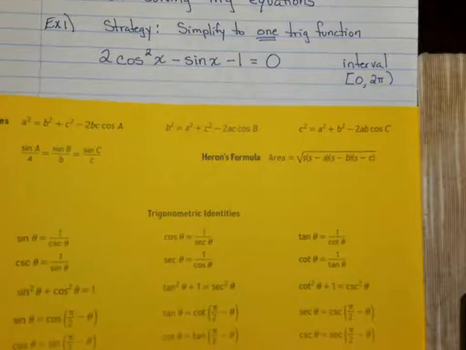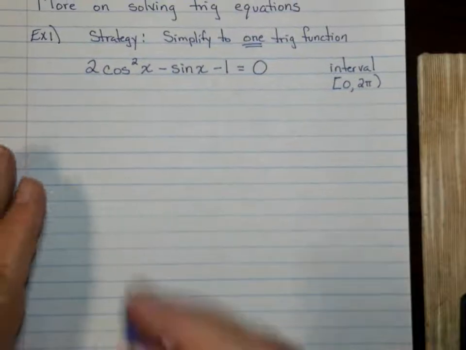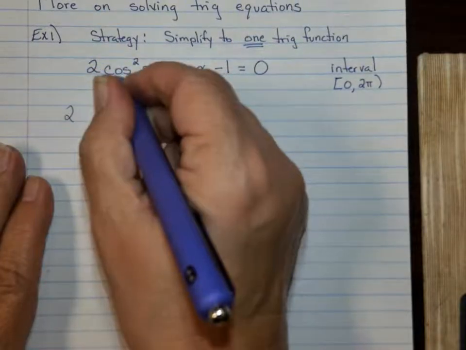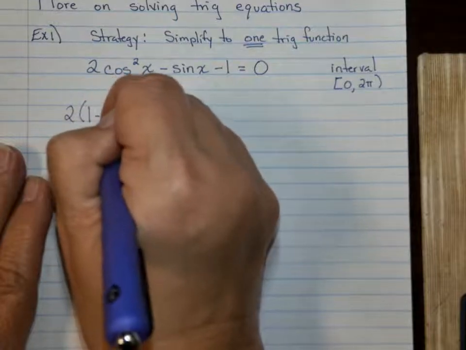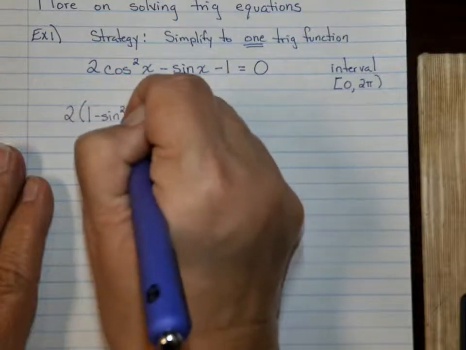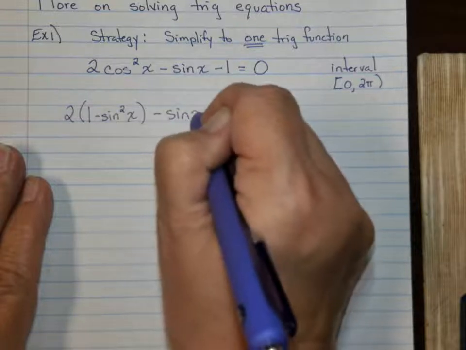And so that's what I'm going to do. I'm going to do a substitution. And I'm going to replace the cosine squared theta with 1 minus sine squared theta, or in this case x, and bring everything else down the way it is.